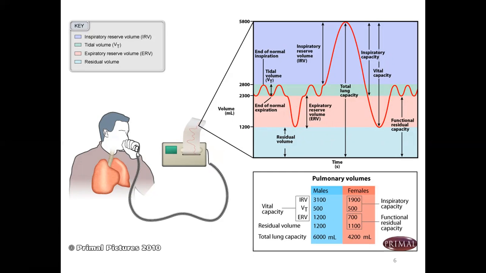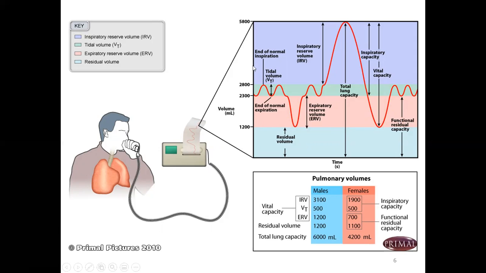Certainly the air that's in your lungs right now is not the same air as the first breath you took. It's constantly being mixed and exchanged, but no matter what you do, there's always going to be a little bit left over. Okay, so again, you should be able to recognize a spirogram and tell me what all of these different volumes and capacities are.